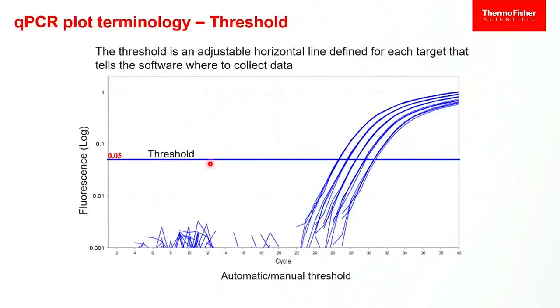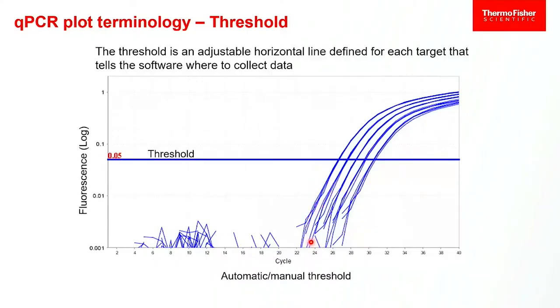After that, if it doesn't look right and you want to change it, you need to have your threshold above the variability of your background, which is here. This is a log scale, so this really represents a small amount of material, a little bit of amplification. So you want your threshold above the variability of the assay. You can see here, this is pretty variable.